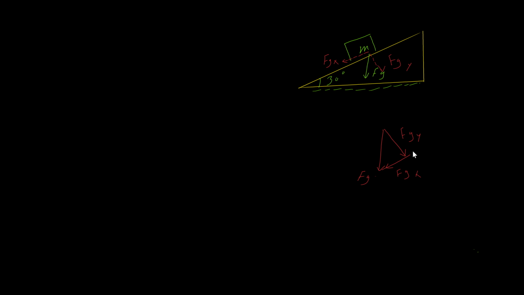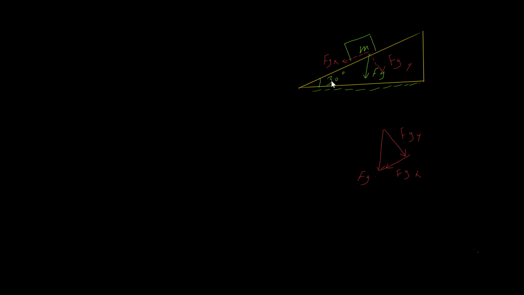We have the x component and the y component, and that is the Fg going down as the force of gravity. So all we need to do is find one of these two angles, and then we can say what is the value of Fg x and what is the value of Fg y. Now let's go back to this figure and find out what these two angles are equal to.